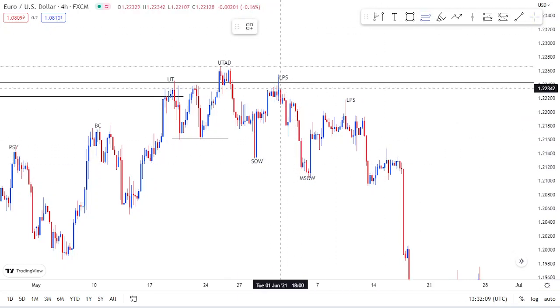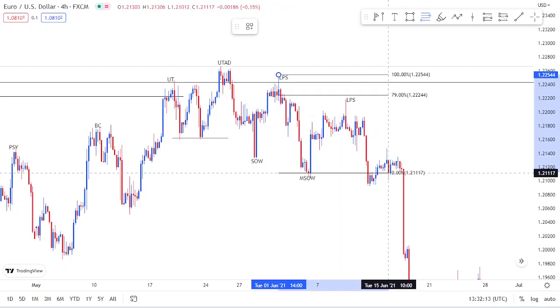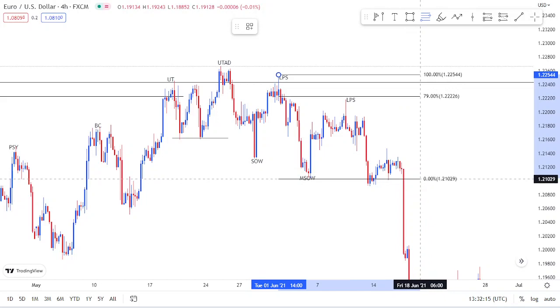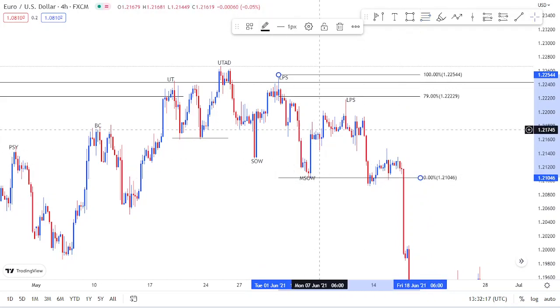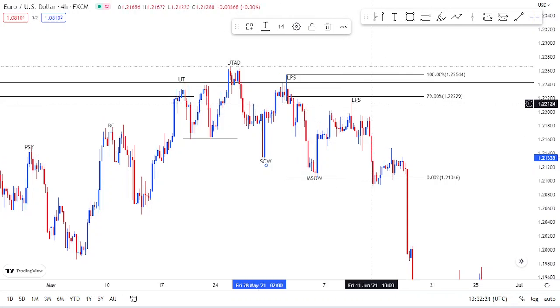So all we're going to have is from the beginning to the end of this move. And then you literally have price at your 79 area.